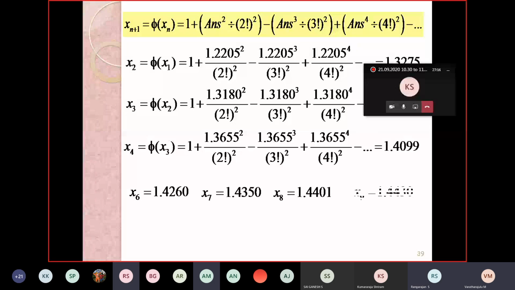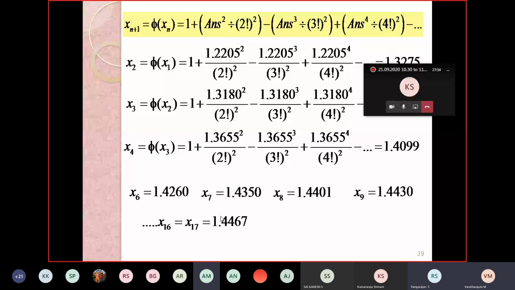equal appearance, when your x16 and x17 will give your results as 1.4467. During your examination, there is no need to proceed up to x16. You can solve the given problem till x4 or x5. That is enough. But as per the request in the question paper, you need to attain the digits.